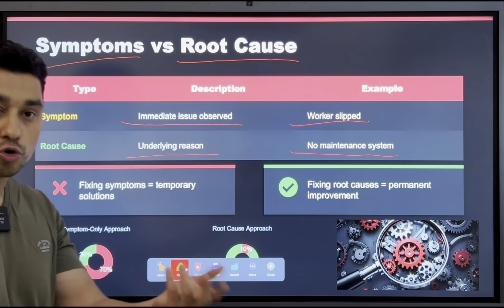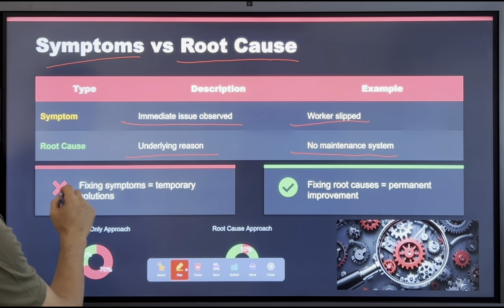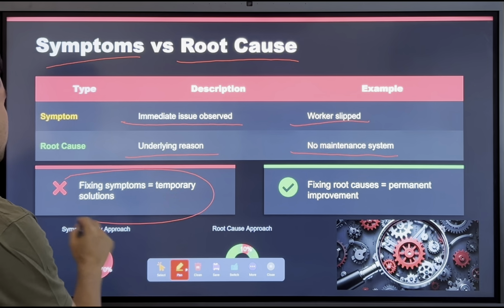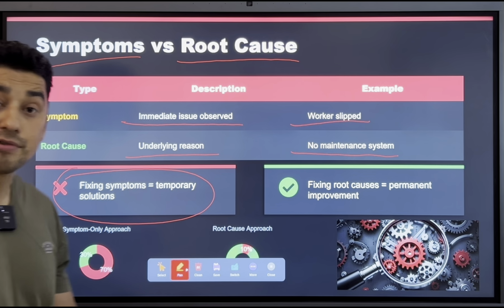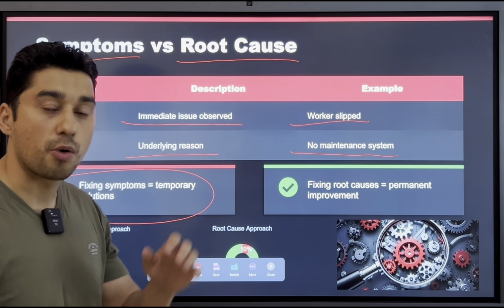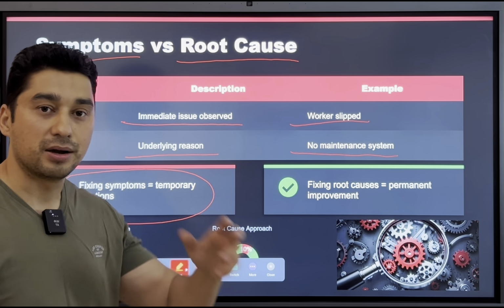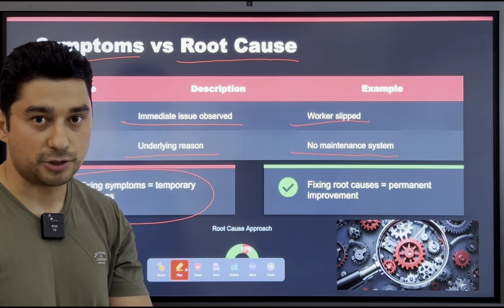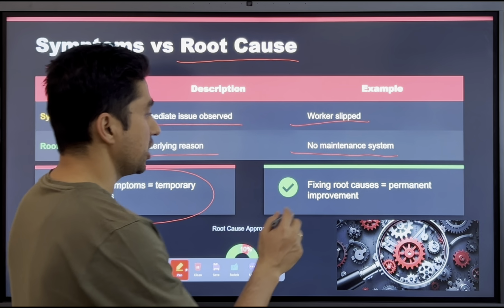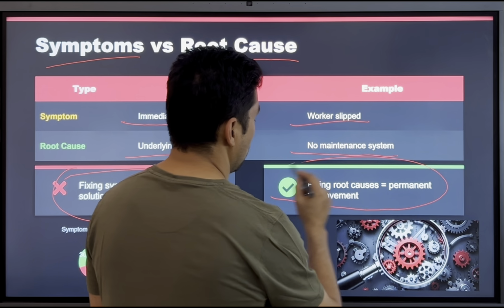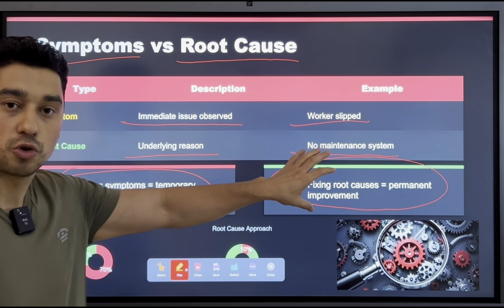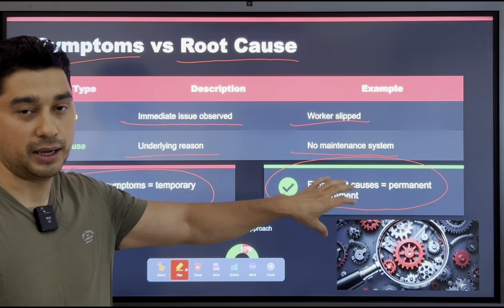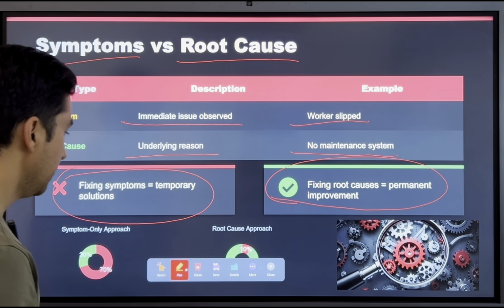Fixing symptoms gives temporary solutions, which means it will reoccur, and there is a high probability that it will occur in another department or at another site as well. So fixing the root cause is the permanent solution, and we need to focus on this part.